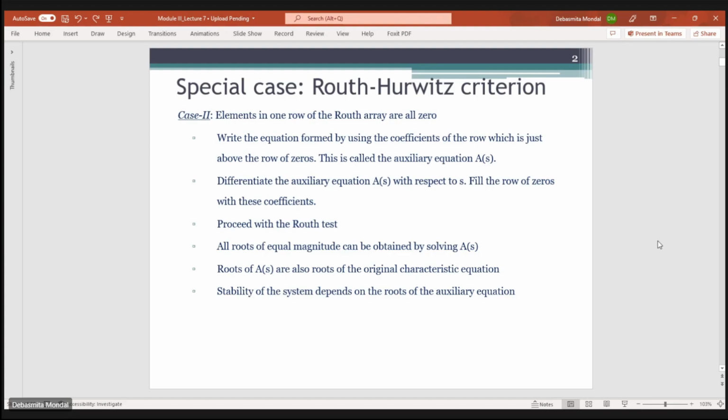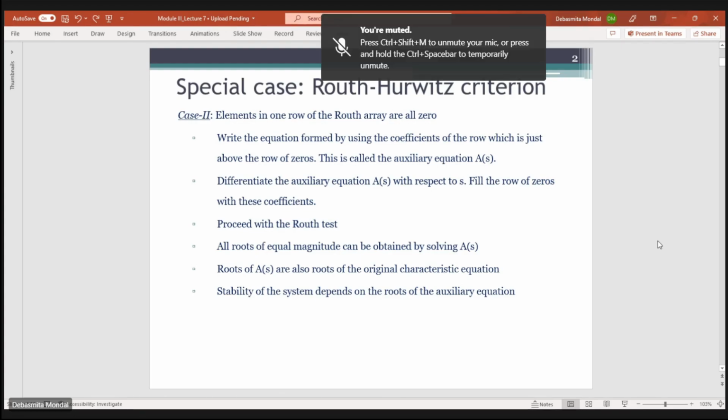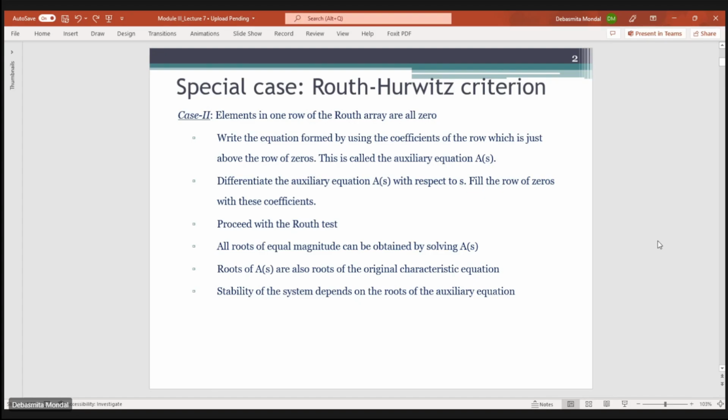The moment all the elements become equal to 0, if you want to compute the following rows, you will see that all the elements of the next row will be infinity, because while calculating each component, we divide by the element in the previous row which is equal to 0. Something divided by 0 will give you infinity. So in that case also the Routh array breaks down. So how to tackle it?